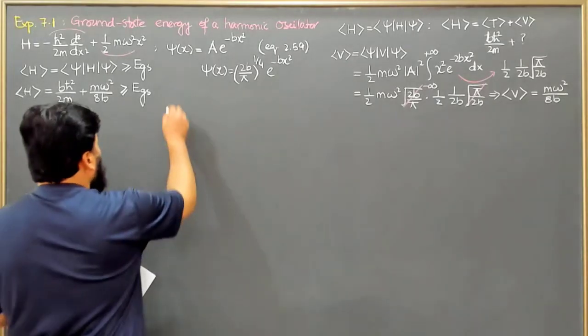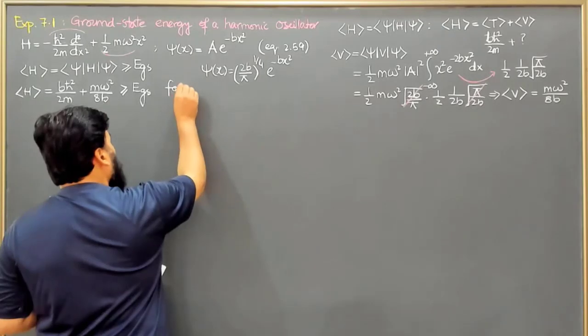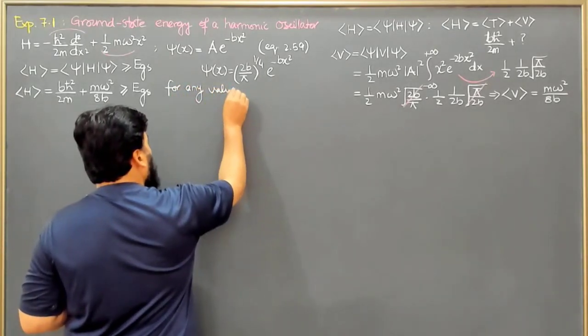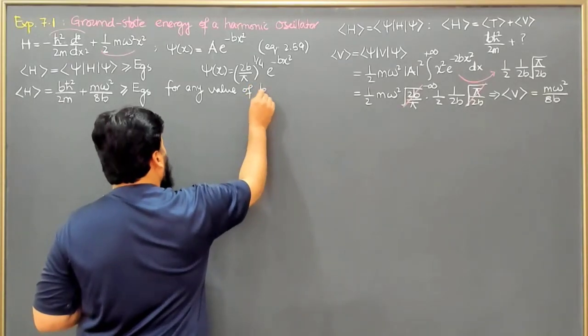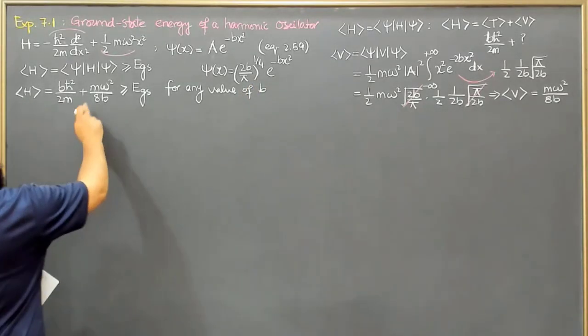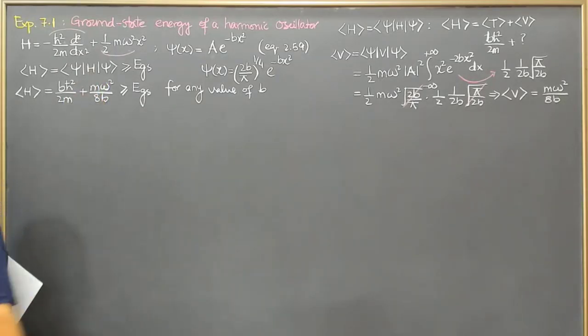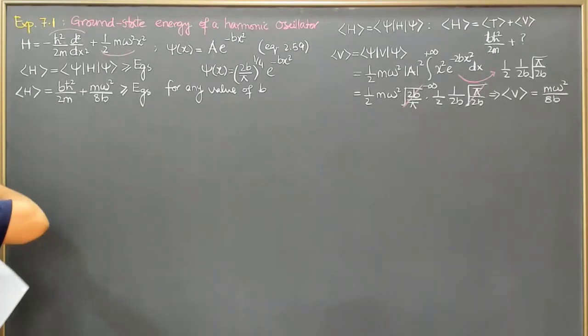For any value of b, because here m, the mass, and the frequency of the oscillator are fixed, only b is a parameter that will determine the H value.